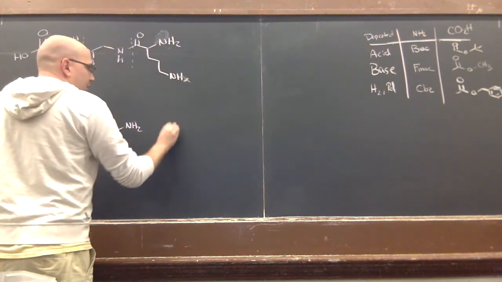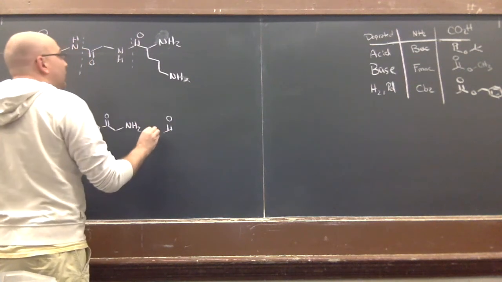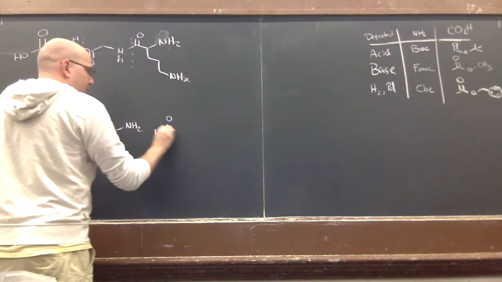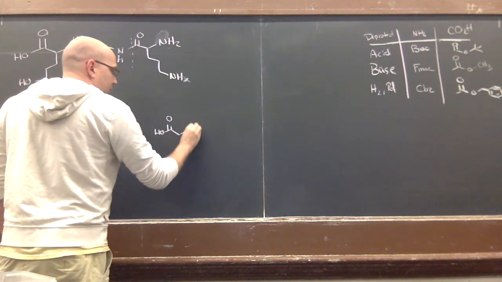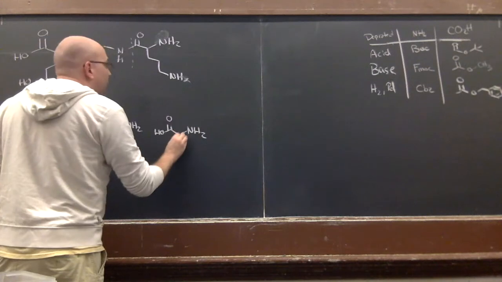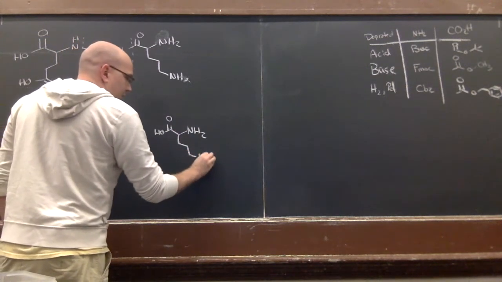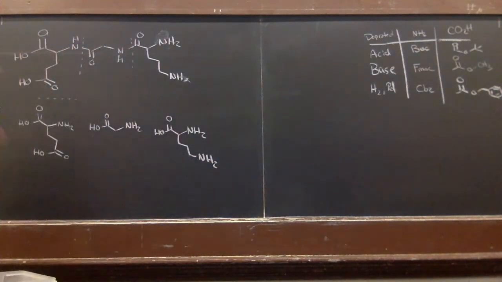And then, I guess I don't think this is ornithine that I've drawn there. Okay, so these are the 3 amino acids that we would need to start with.